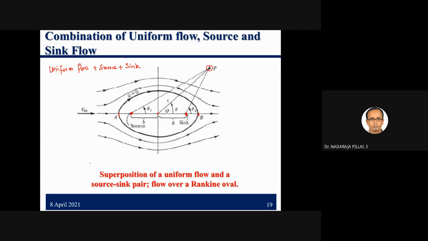So how can we write the stream function psi? Anyone can say what is the stream function psi for this case? This case is uniform flow, source flow, and sink flow. Can someone say? Can anyone say the stream function equation?